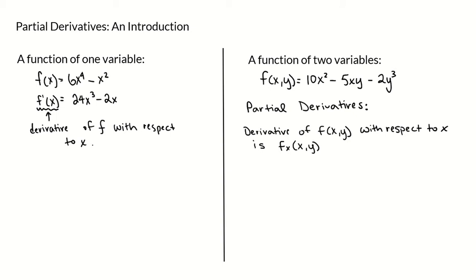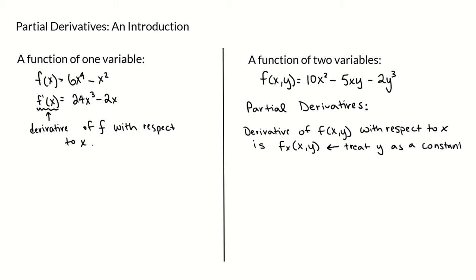And the way that we're going to calculate this is we're going to treat y as a constant. We're going to treat y as a constant, we're going to treat x as our variable in this function.